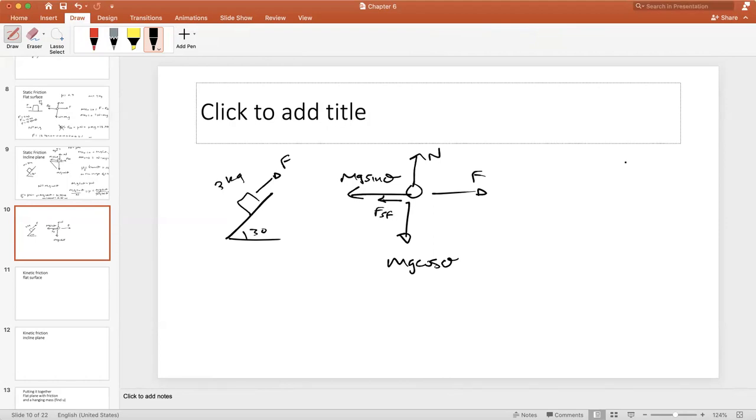Let's pretend we're going to put it here first. Force of static friction. What I get is, of course, may is 0, is N minus m g cos theta. And max, doesn't matter which way I put it, I'm going to say that x is that way.